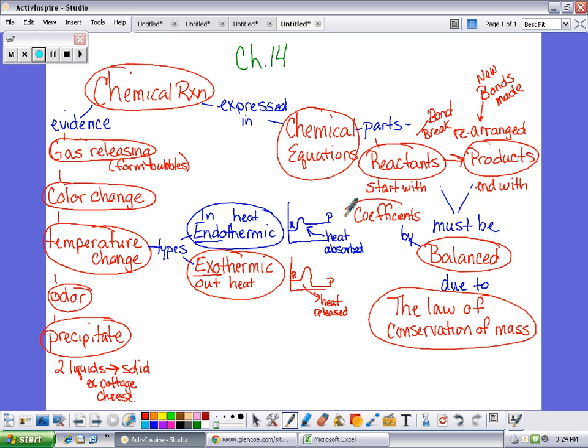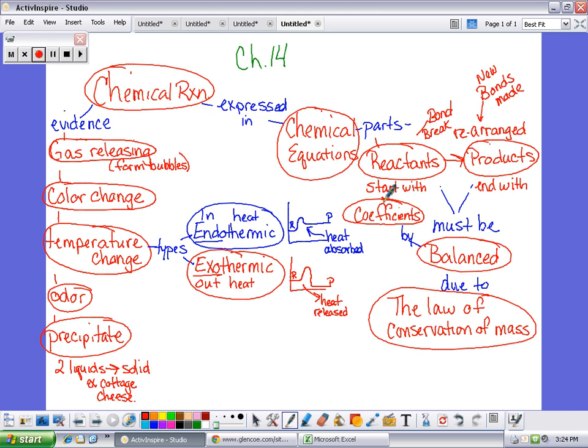These are the numbers, remember, that you put in front of your molecules to tell you how many that you need. Now, the subscripts are the little numbers that tell you how many atoms. We do not touch those. You cannot change those. Otherwise, remember, it changes what the substance is itself.